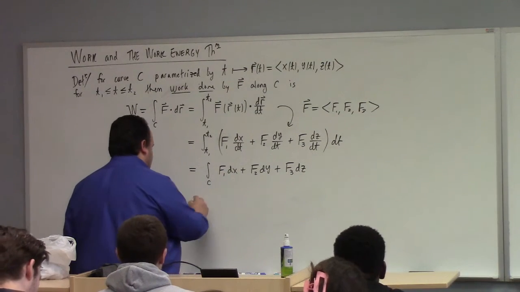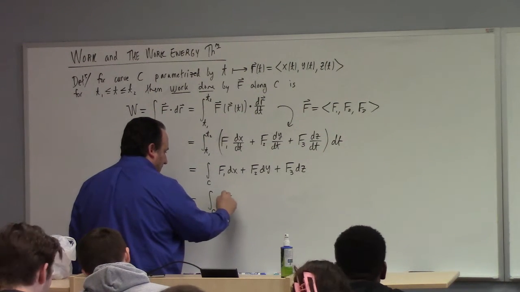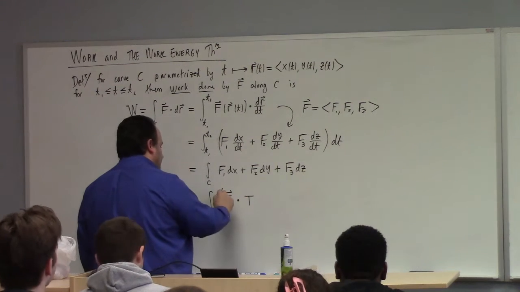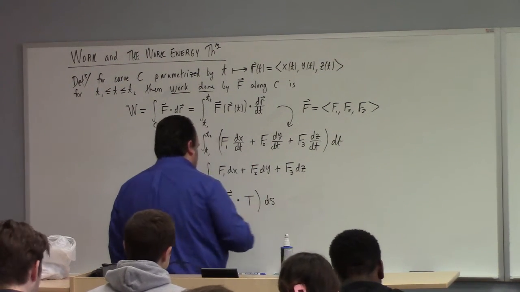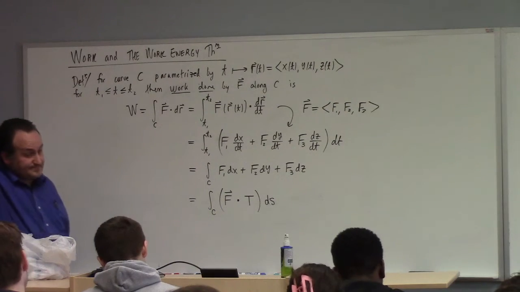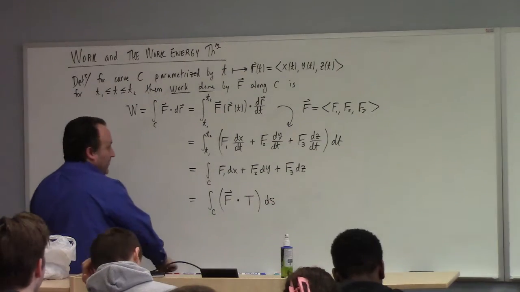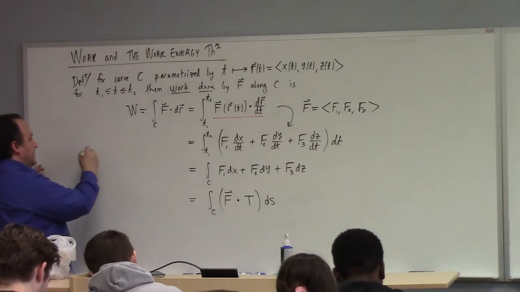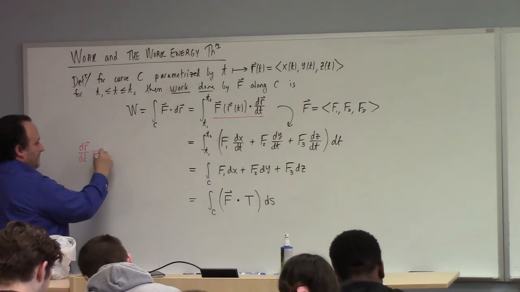Geometrically, another way we could look at this, and this is important, is that the work is F dot T times ds. So it's the arc length integral. That's almost immediate from the original formula up here. Let me unravel that for you guys just for a second. What's dr dt? That's velocity, right?